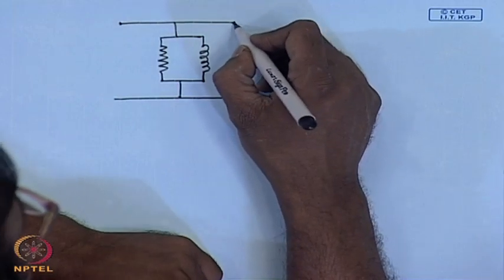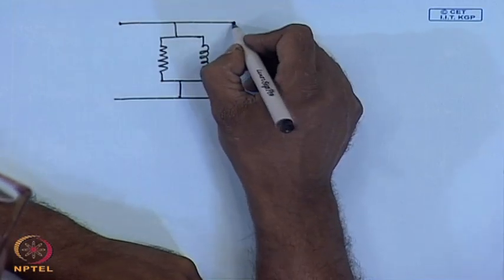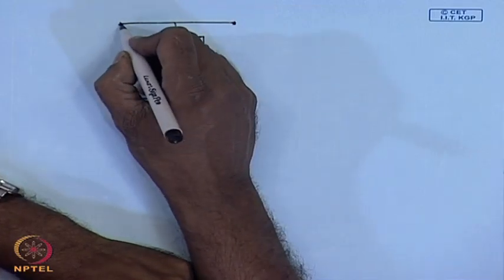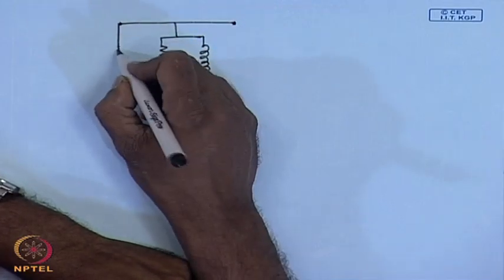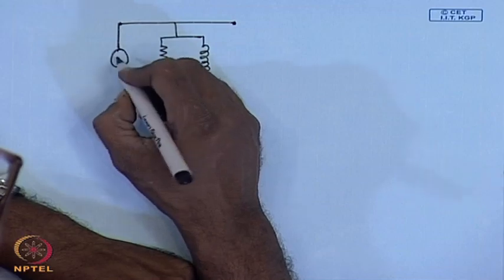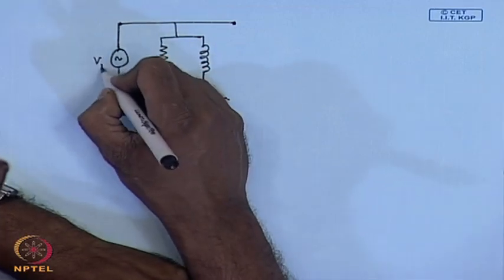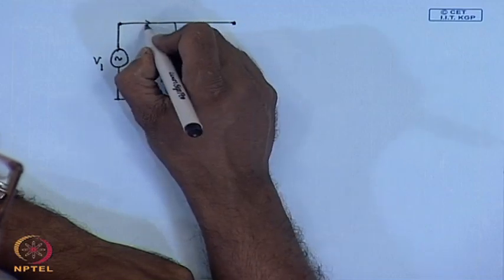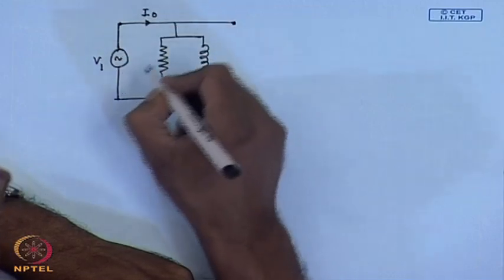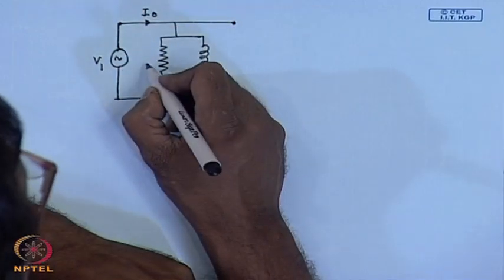Since the load is open, these terminals are open, we are applying voltage V1 here, the current drawn is I0 and the power reading is W0.